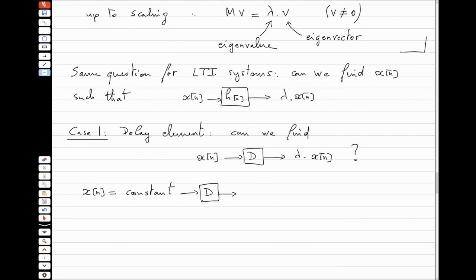Yeah, you get the same thing. Yeah, the same constant. All right, so isn't that an eigenvector? Yes. So this is the eigenvector, and this is the eigenvalue.